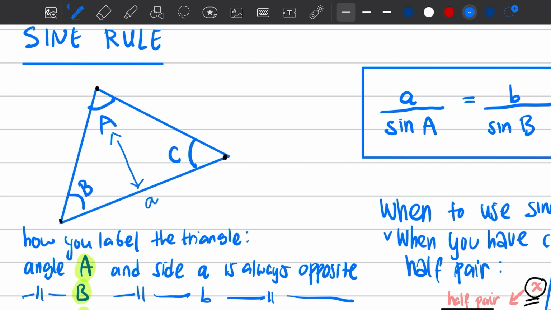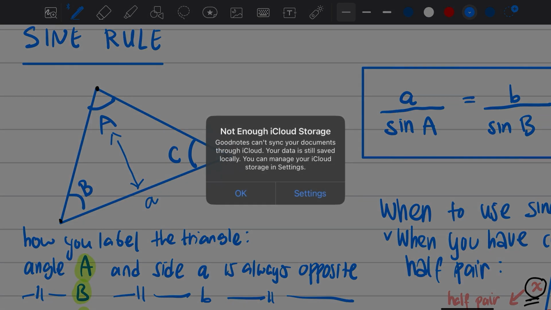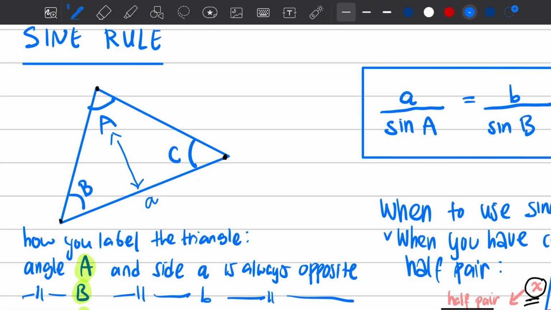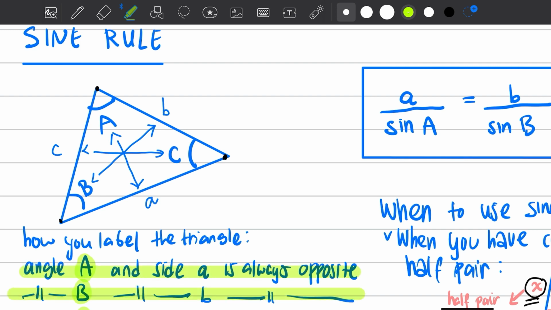For sides, we usually use lowercase. The side that is opposite to B, we call side b, and the side opposite to angle C, we call side c. So the concept is that angle A and side a are always opposite, and that also works for B and C.